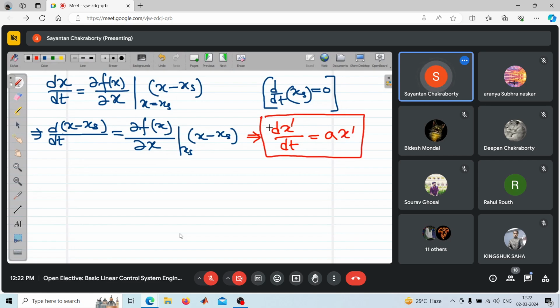You should not write it without the dash, the confusion will increase. Now what is this x dash? x dash is equal to x minus xs.